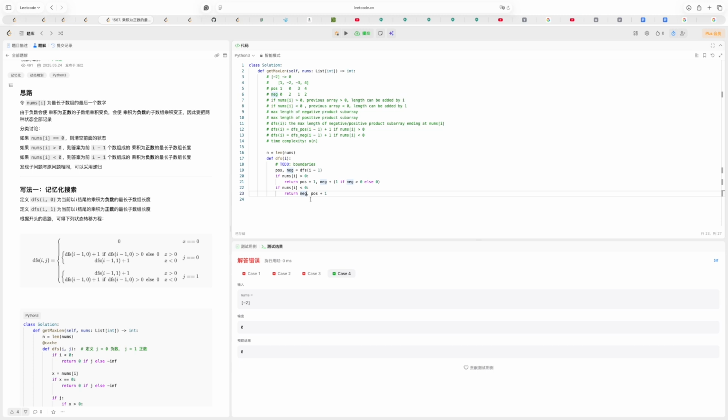Let's see. When x is smaller than 0, the previous negative thing should be... okay. Yeah, its negative thing should do this as well.